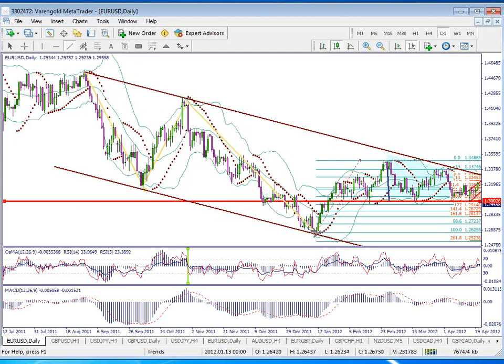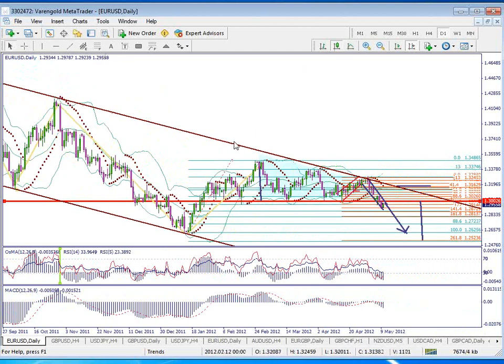So after wave number 3, we have here wave number 4, and we are waiting to see if this will be just the wave number 5, or if it will go to 88.6 from this wave number 4. 88.6, 100.